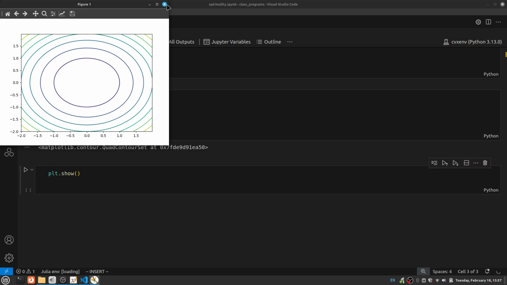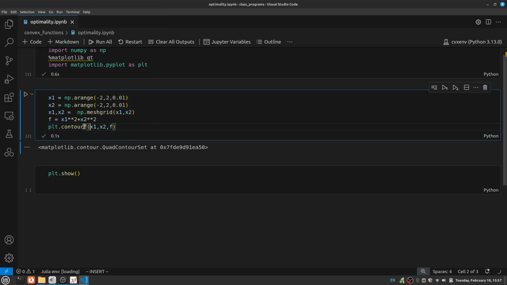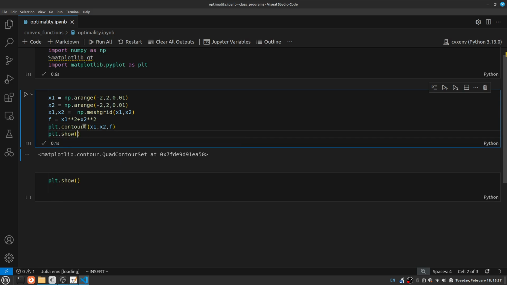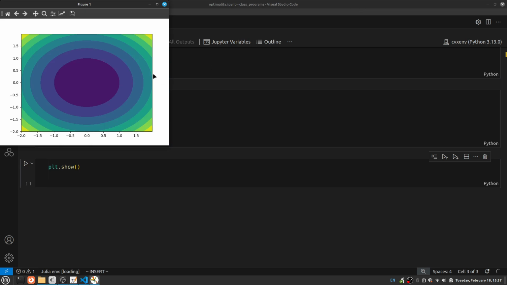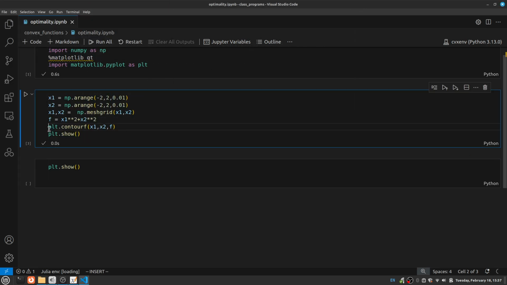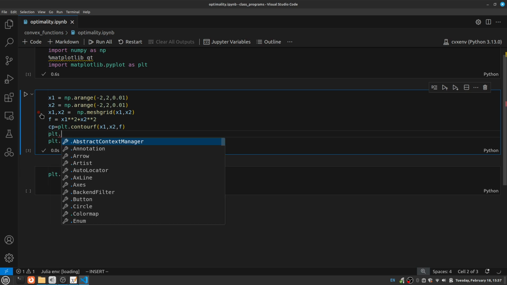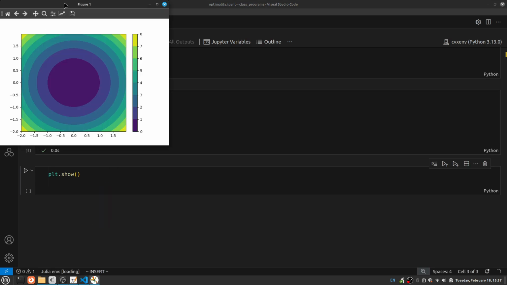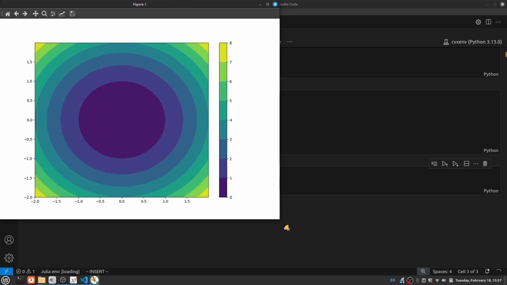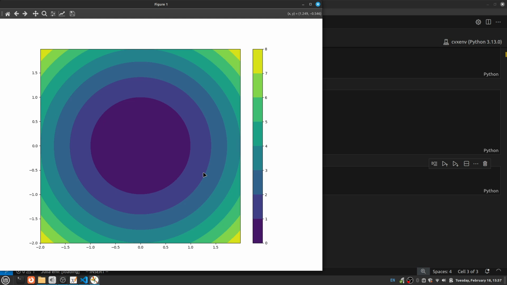This is a visualization from the top. Darker values mean that the function value is smaller, and lighter values mean that the function value is larger. So it keeps increasing.